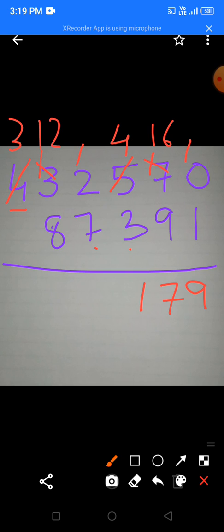So 12, the tens power, so 12 minus 7 will give you 5. 12 minus 8 will give you 4. And 3, there is no number, you will write it as it is. Okay, so this is your answer. The answer is 3,45,117. So I hope this is clear to you.